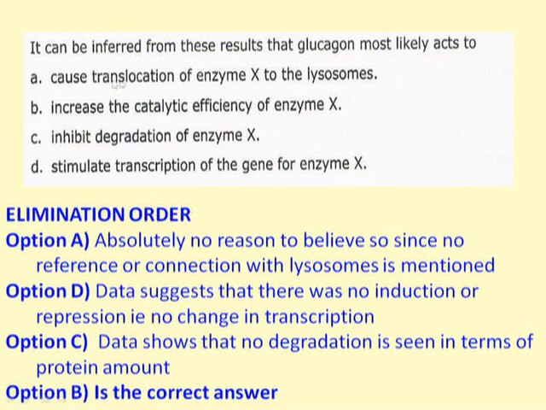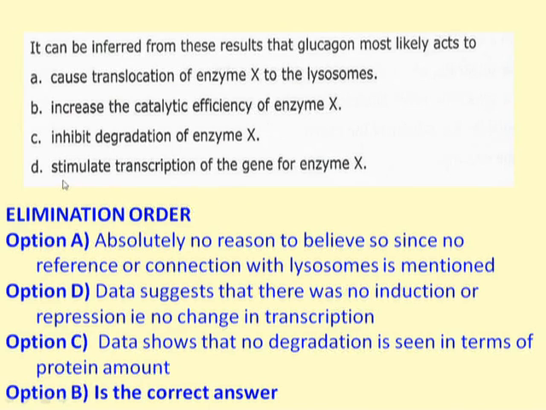Option A is that glucagon causes translocation of the enzyme X to the lysosome. There is absolutely no reason to believe that there is something to do with lysosome, because no reference or connection to lysosome is mentioned.